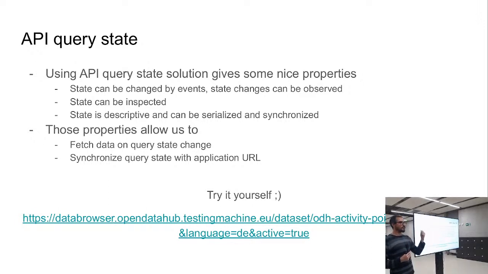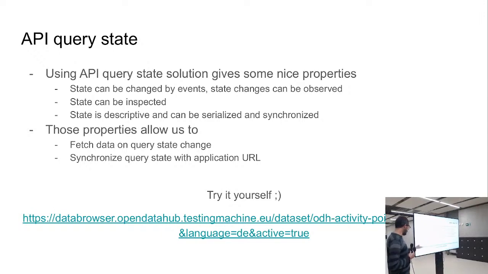In the end, this allows us to have URLs that you can share, and where you have the information about the query inside the URL. So I can send you a URL and say, please take a look at this dataset or at this filtering and tell me if it's correct or not. And one can do that with the URL. So you can try it yourself.